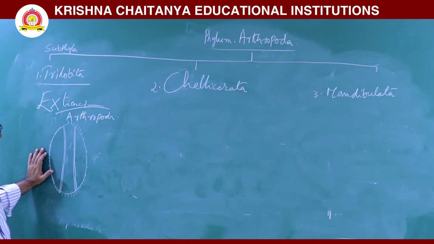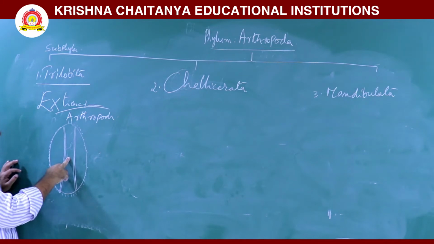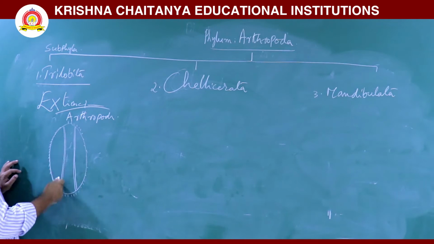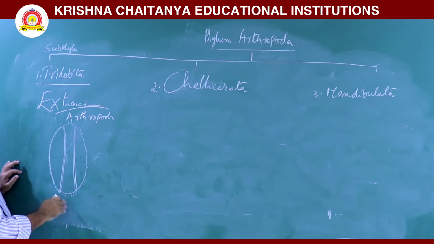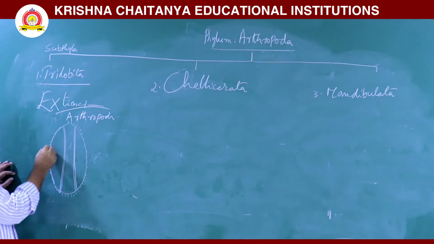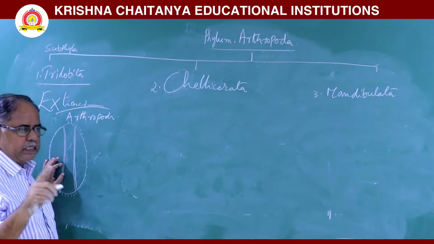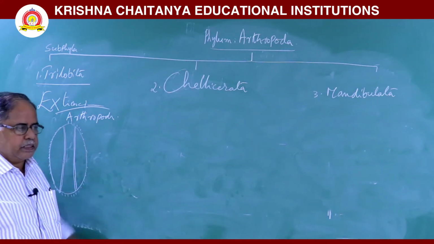The body has three lobes: one median lobe and two lateral lobes. These three lobes are formed by two prominent longitudinal furrows. That's why this subphylum is named Trilobeta. The appendages are numerous, all similar, and biramous.